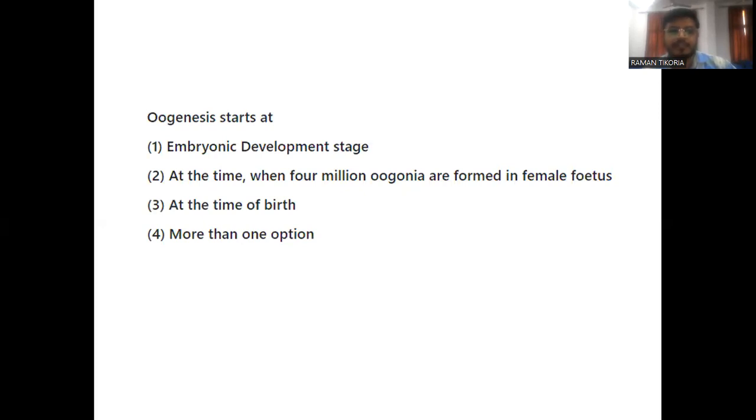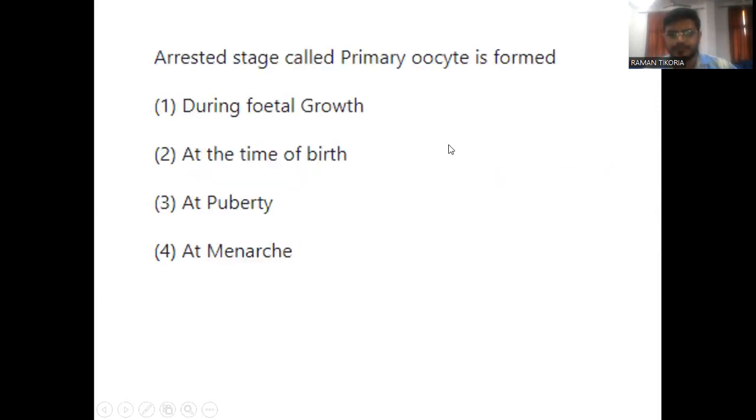Oogenesis starts at the embryonic development stage, when 4 million oogonia are found in the female fetus. At the time of birth, more than one option. So the right answer will be the embryonic developmental stage. Arrested stage called primary oocyte is formed during fetal growth, at the time of birth, at the time of puberty, or at menarche.